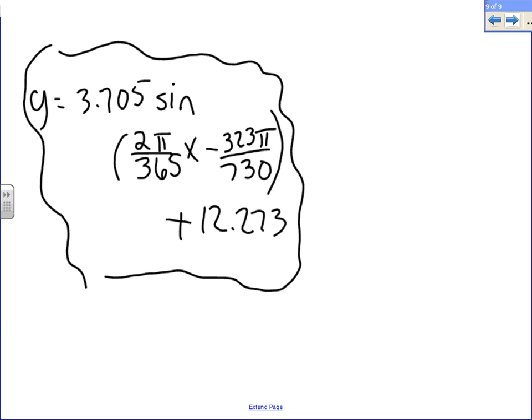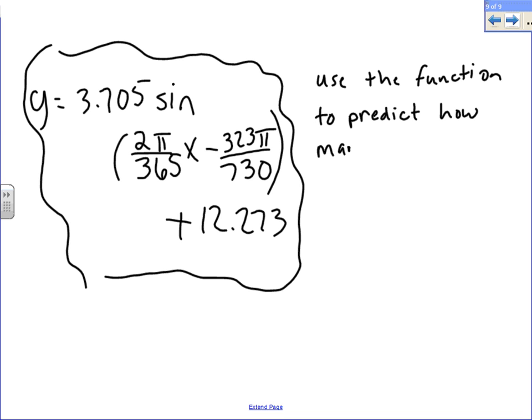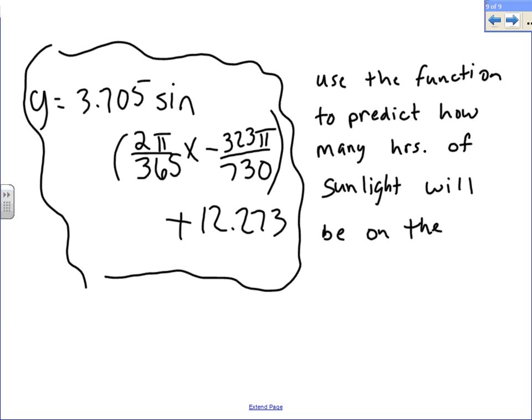Okay, so this question says use the function to predict how many hours of sunlight will be on, I think it says, yeah, the 91st day.